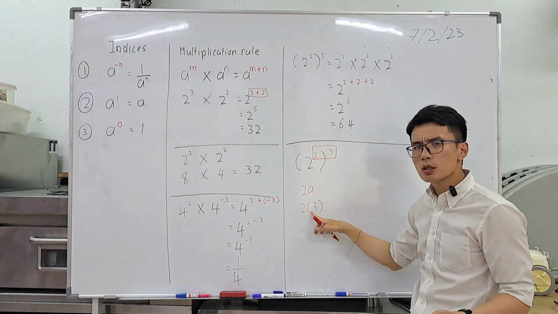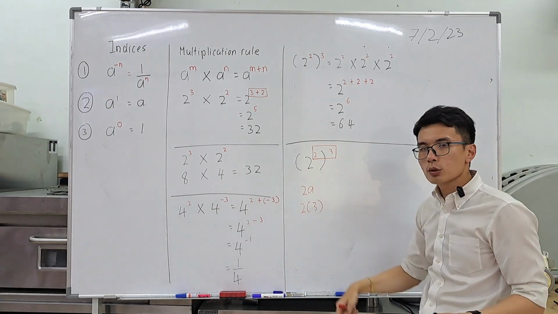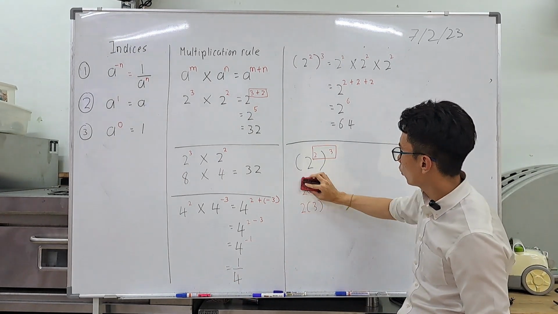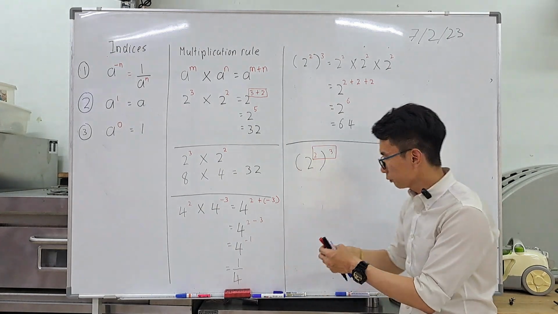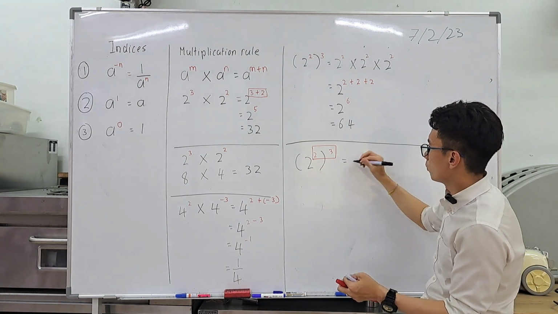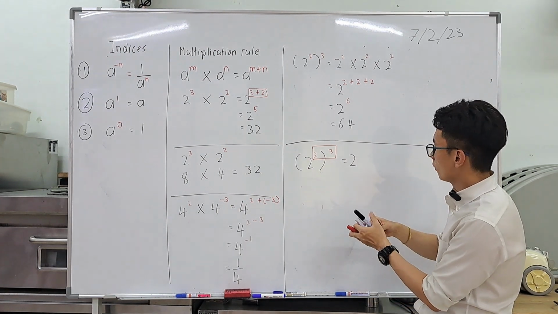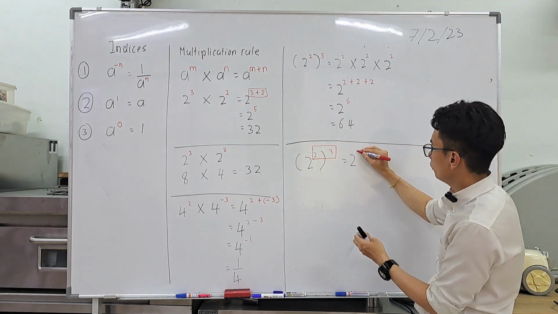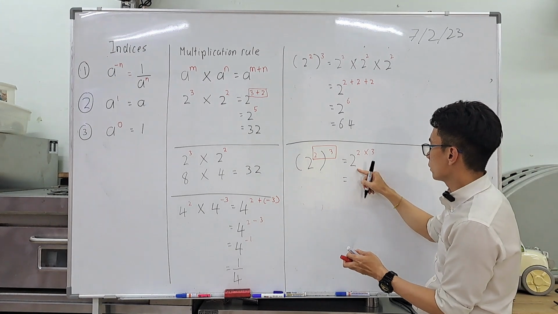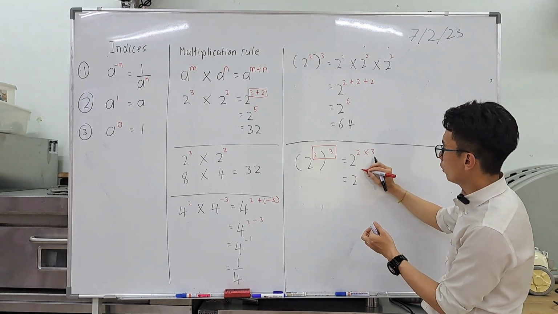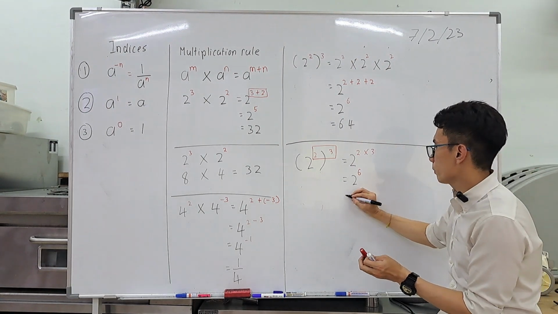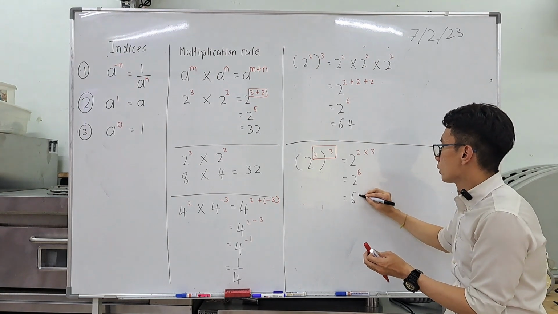By following this, we know that this is actually a multiplication operation. So we can also write it like this: 2, and then 2 times 3. And true enough, your final answer here will be 2 to the power of 6, and when you expand this, you should get 64 as well.